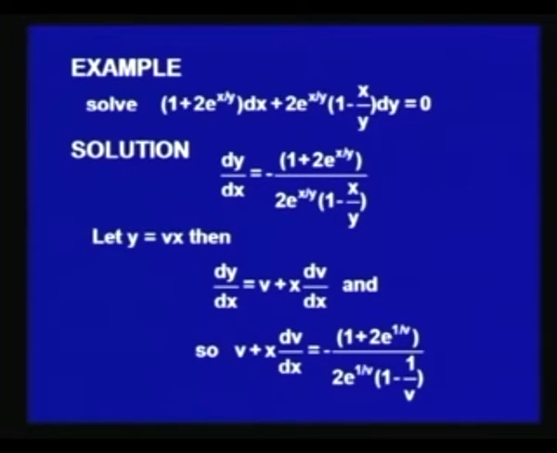The right hand side of this equation is a function of y over x. So, let us put y equal to vx. Then we shall have v plus x dv by dx equal to minus (1 plus 2 times e to the power 1 over v) divided by 2 times e to the power 1 over v into (1 minus 1 over v).